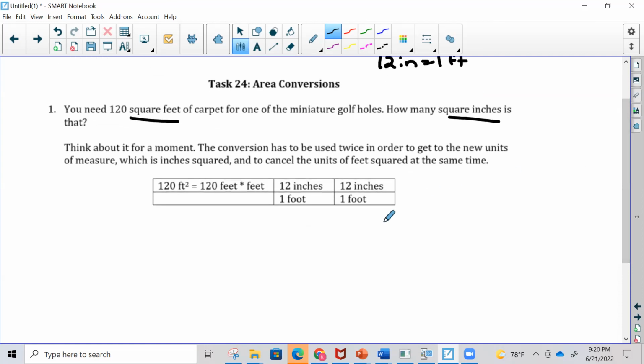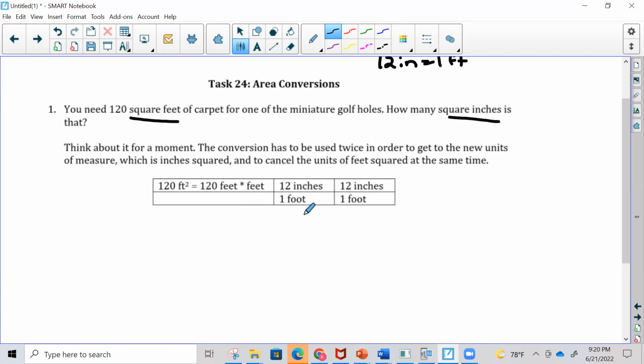So one way to do this is we could make this chart, and think about it for a moment. The conversion has to be used twice in order to get the new units of measure, which is inches squared, and to cancel the units of feet squared at the same time. So 120 feet squared is the same thing as 120 feet times feet, because anything times itself is the same thing as squaring it.